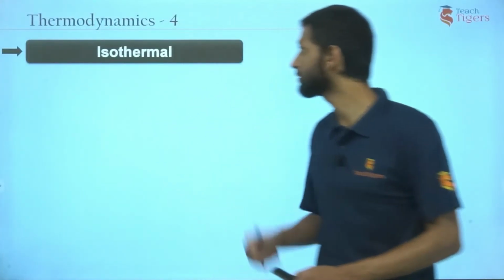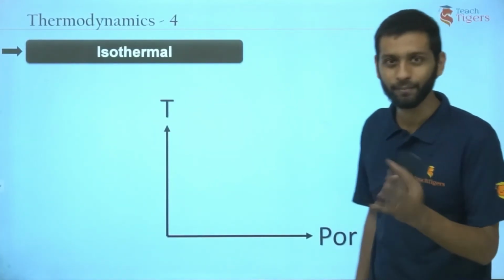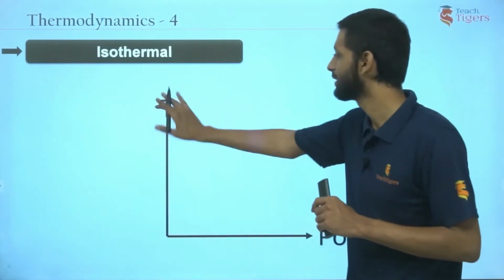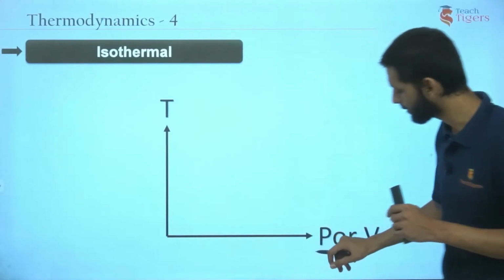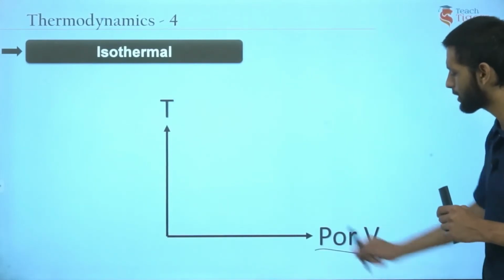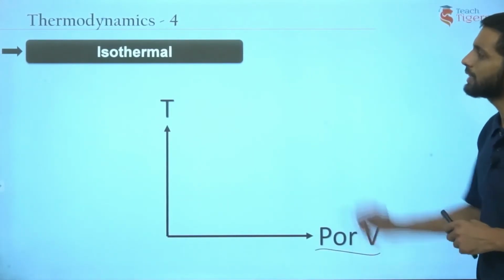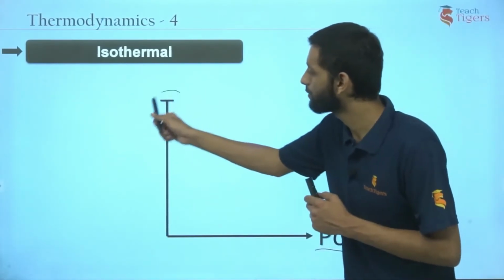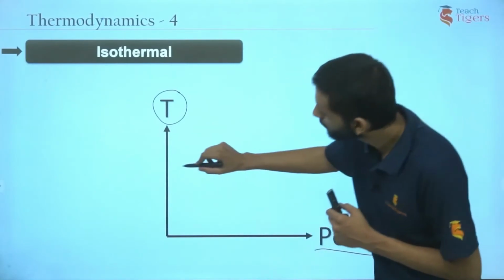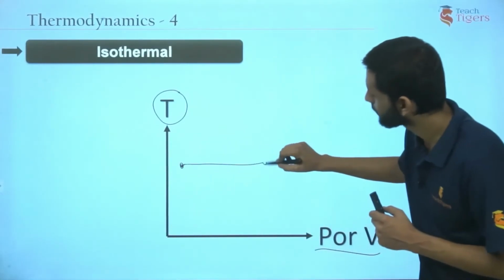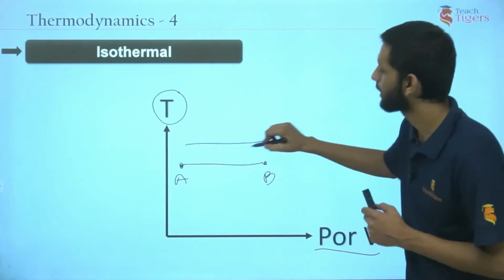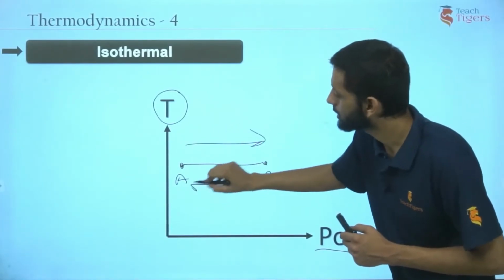Next type of process that we can talk about. Isothermal process, I want to talk about it on a different scale. Temperature versus anything. You can take any other variable, pressure or volume. In this scale, what will an isothermal process look like? Since I have temperature over here, I can move in this direction from A to B. Either I can go towards right, I can go towards left.